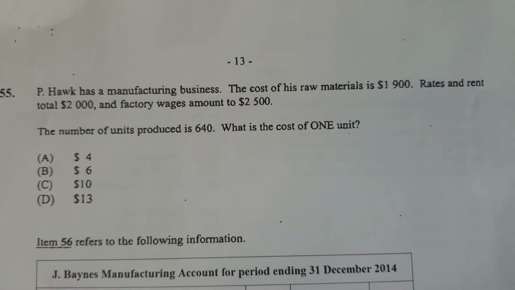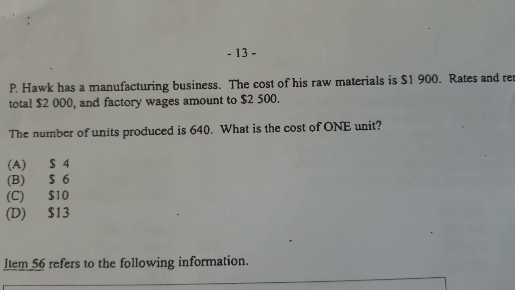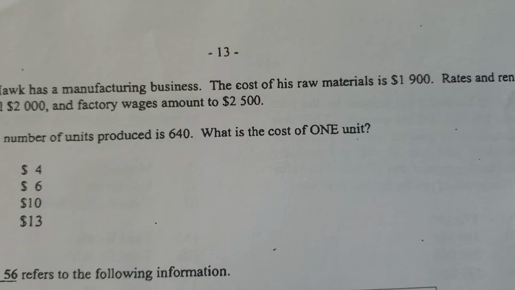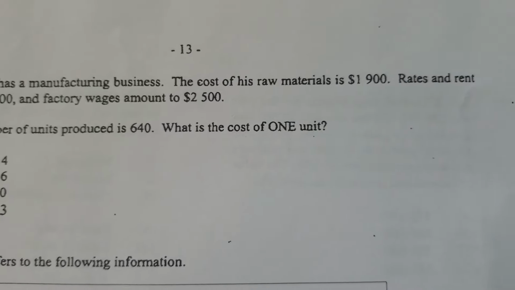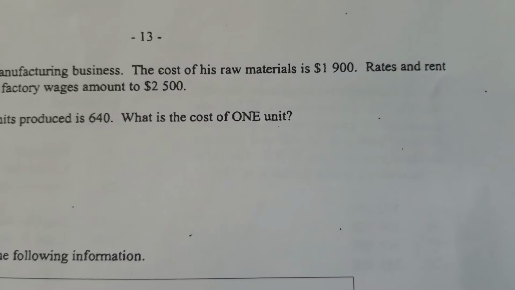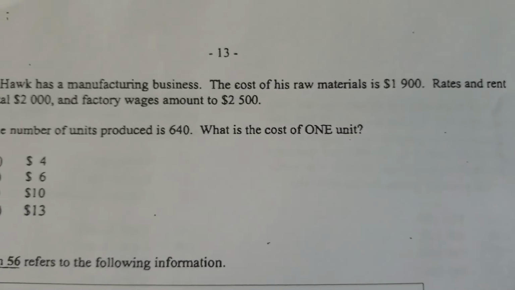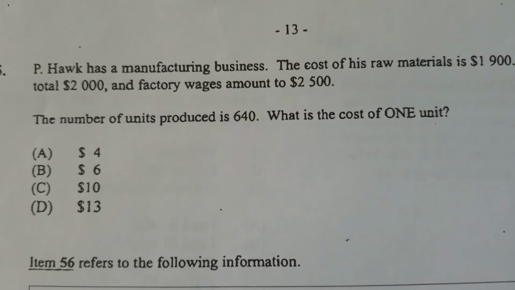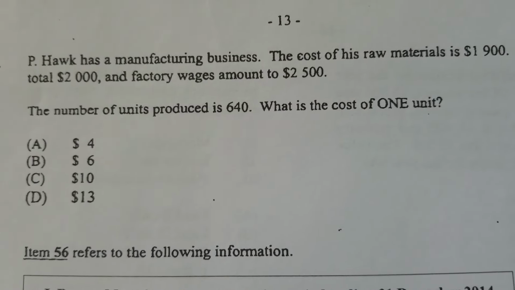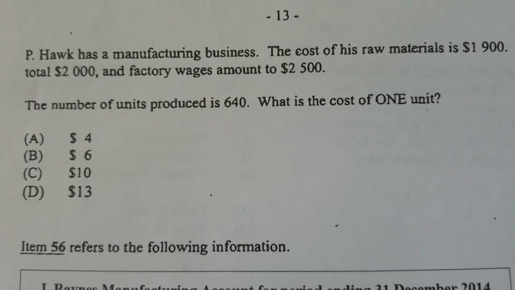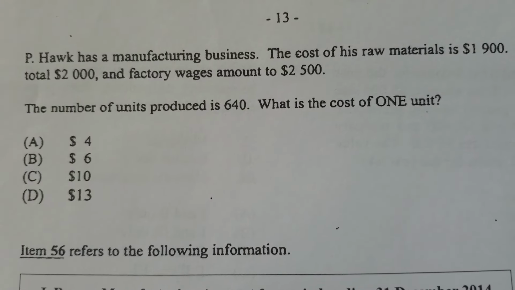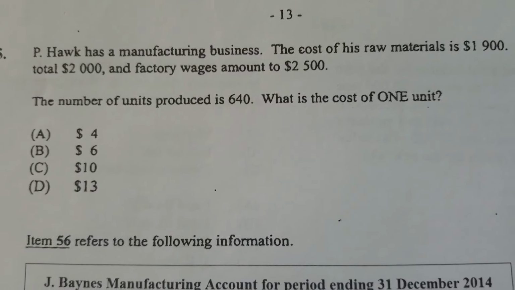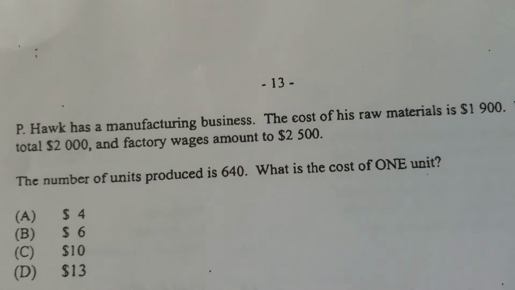Item 55 says P. Hark has a manufacturing business. The cost of his raw material is $1,900. Rates and rent total $2,000, and the factory wages amounted to $2,500. The number of units produced is 640. What is the cost of 1 unit? Now let's look at the question again.